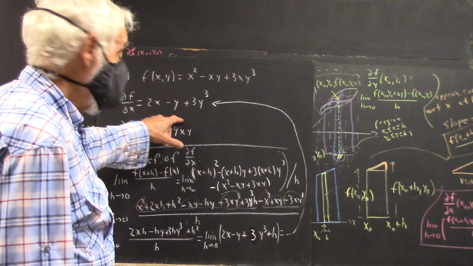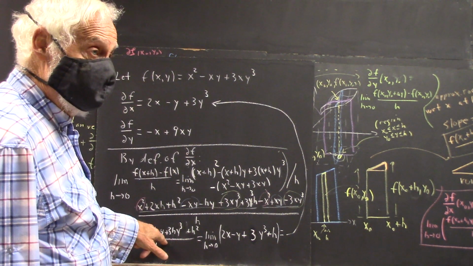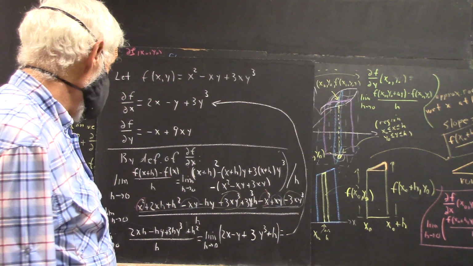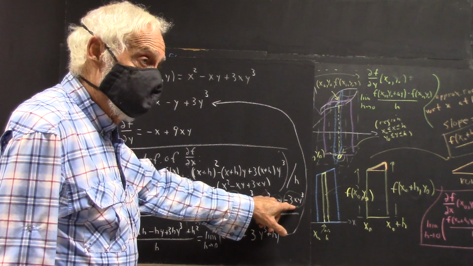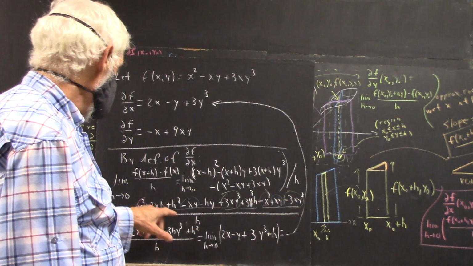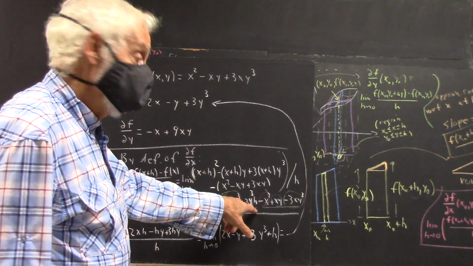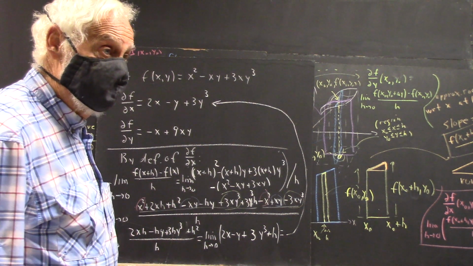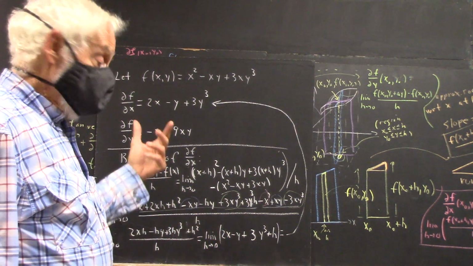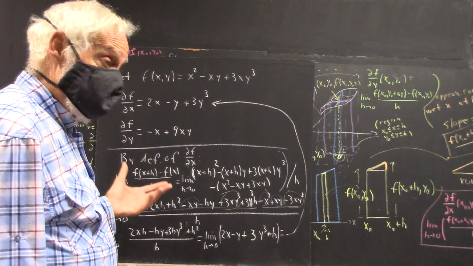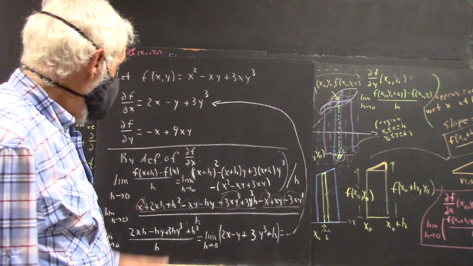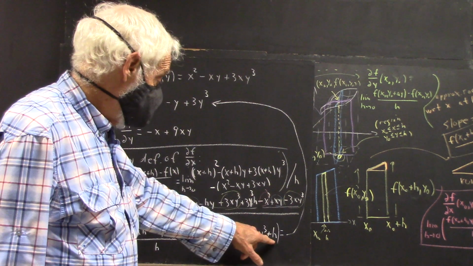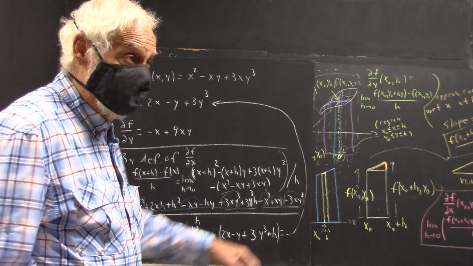The reason this is because of this. And if you think about what's going on here, you see that we're holding y constant. And by holding y constant, these three terms will be matched by three terms of the opposite sign in the rest of the expression. So they're going to go away, leaving you just a bunch of multiples of h or higher powers. Multiples of h, the h is going to just divide out, and you're going to end up with that expression. Higher powers of h, the h is going to divide into the higher power and give you some power of h, which go to 0.